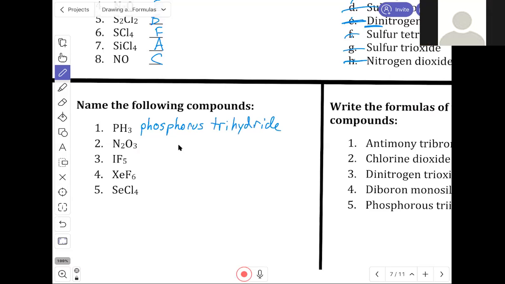Miss Baskin, when you're writing these, the prefix comes before the element. That is, by definition, what a prefix is.